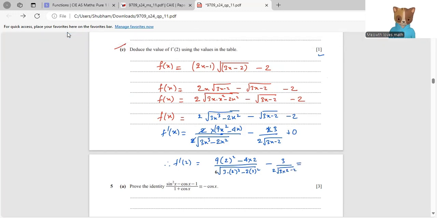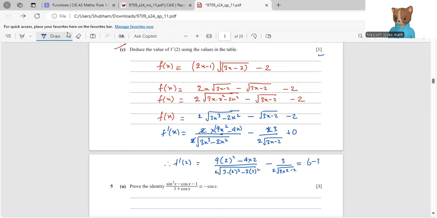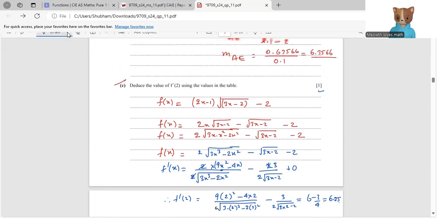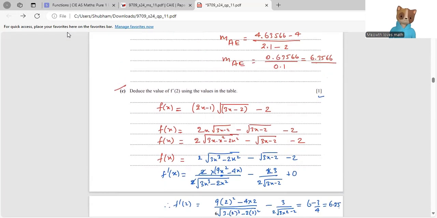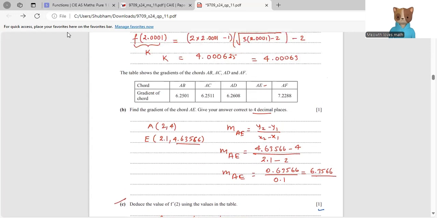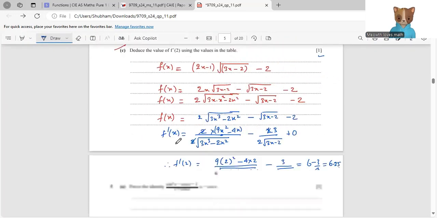So if you solve this, you'll basically get 6 minus 3 by 4, which is nothing but 6.25. So you can use this in order to find the answer for f dash of 2. It's a 1 mark question, so you have to use your calculator. Directly you can get the gradient of this. I hope it is clear to you.